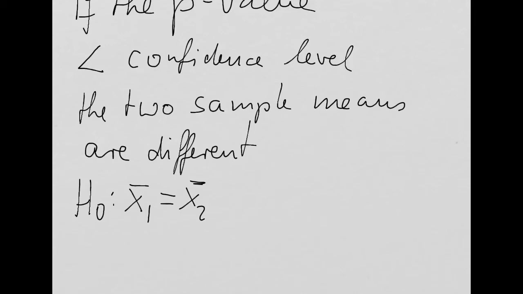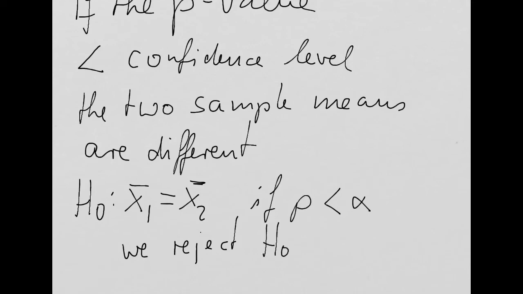Our null hypothesis is the two sample means are the same, but if p is smaller than this alpha, we reject the null hypothesis. We say, sorry, it's not true.